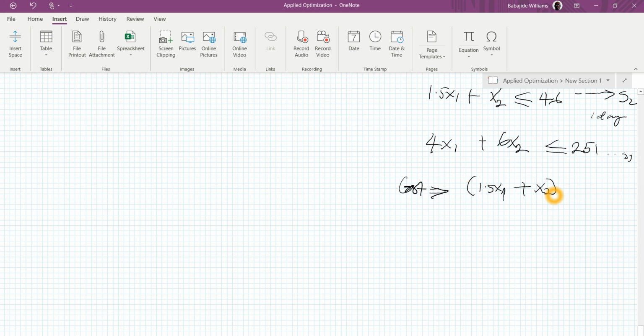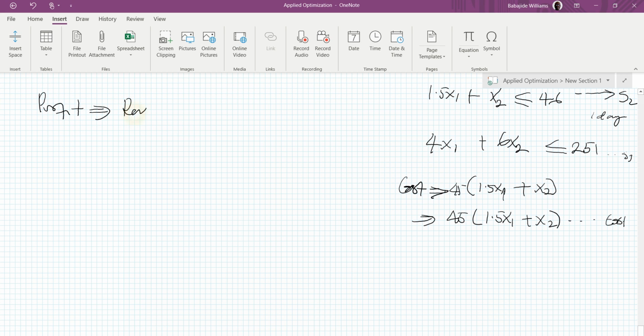In a day, these workers must be paid $45, so the cost will be 45 times (1.5 x1 plus x2). This is my cost. Now what does this portend? My profit is not complete until I take away the cost.